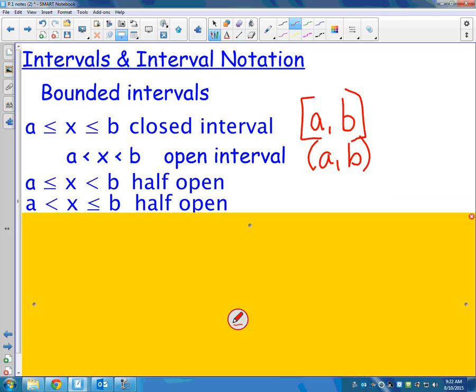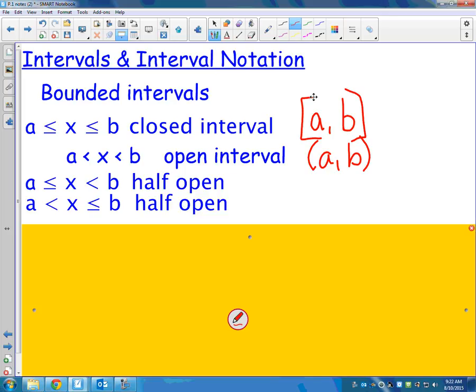Just colors there. And then your book calls these half open. That means one side is closed and one side is open. You can call them half closed, right? Depends on if you're optimistic or not. Either one's okay. I think there are some on the homework that ask you to describe it, and that means they just want you to use these words. So I just gave both options here.